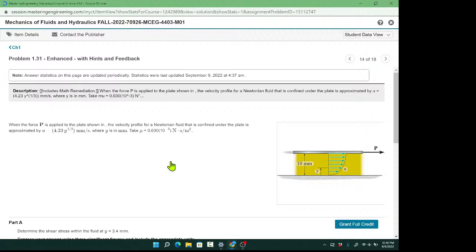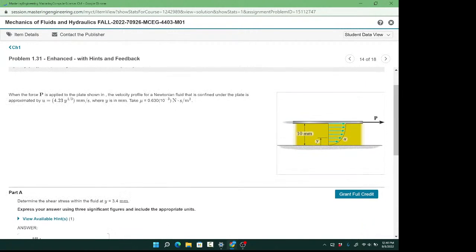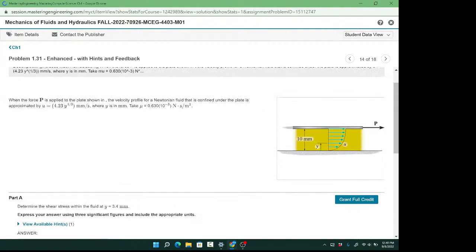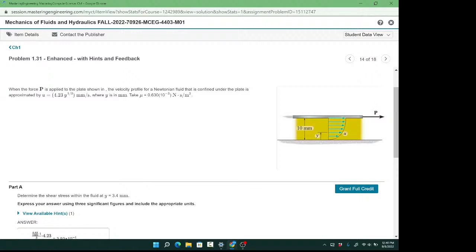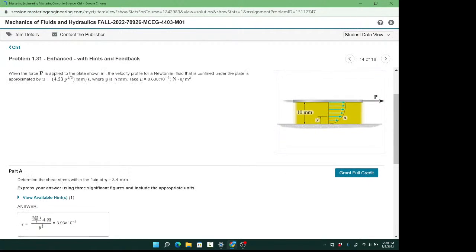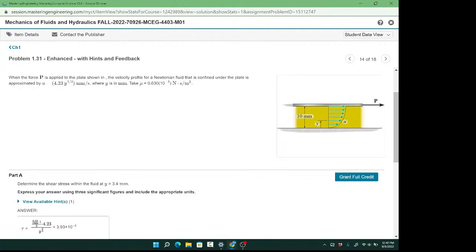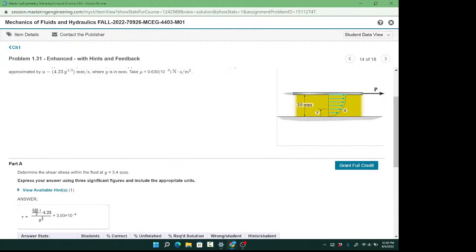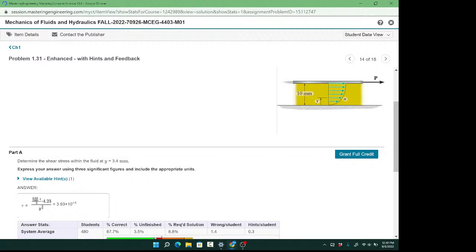So it's not parabolic, it's a very odd looking profile. It gives you the mu. So all you need to do is take the derivative of that equation, determine the shear stress when the fluid is at 3.4. So all you do is take the derivative of that thing and insert 3.4. And so that's all you're doing.